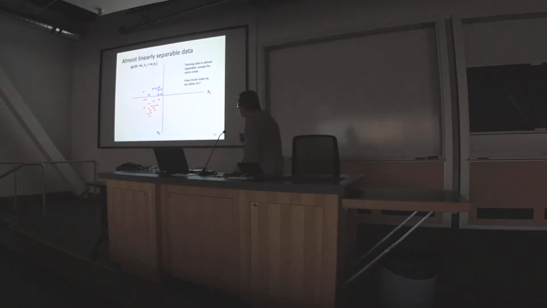Assume that we're able to almost linearly separate the data set. So this is called almost linearly separable data. And to find such a line, we need to consider how much noise we allow for. And we know that there must be some training error here. Right? So actually, the advanced version of support vector machines, called soft SVM, is essentially making such a trade-off.